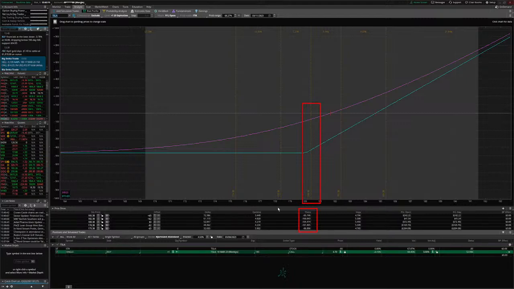So what this is showing, theta, is how much you're losing in time value every day. The middle value is at the current price. So right now, just holding this call, you're losing $104 per day is what it's showing.